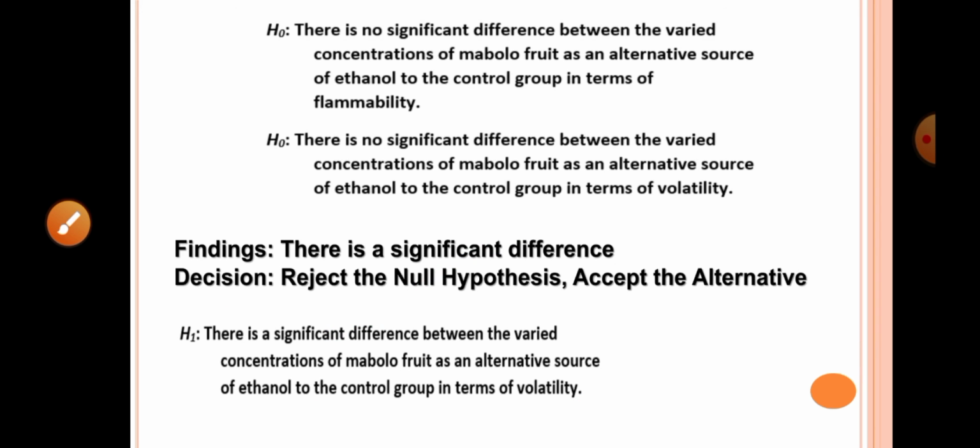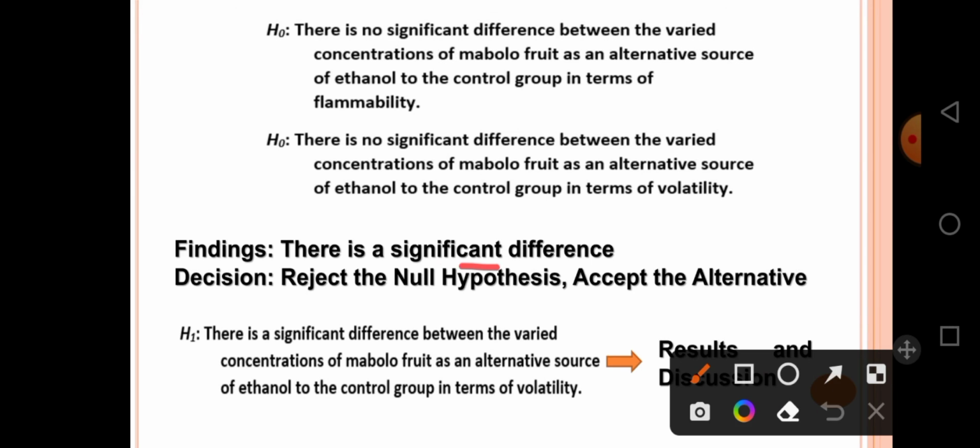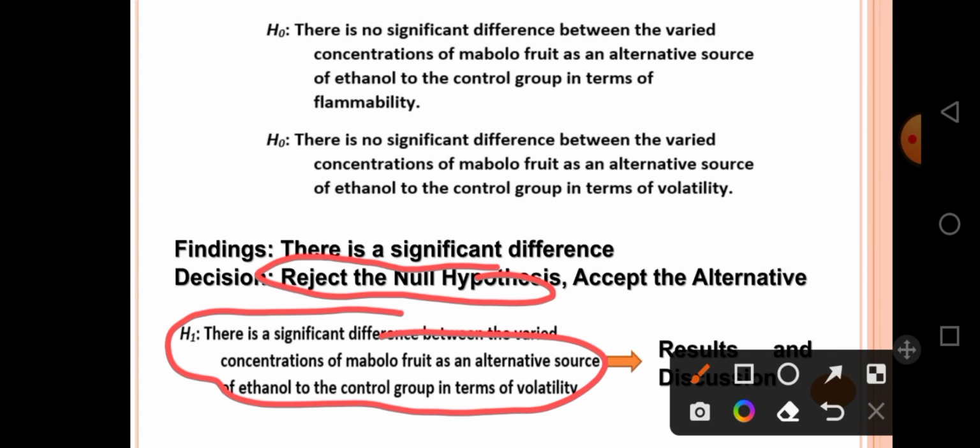So the alternative hypothesis shall only appear in the results and discussion part of your paper. It will only appear if you rejected the null hypothesis. If you falsified the null hypothesis, then it will be the only time that the alternative hypothesis will appear in the results and discussion part of your paper.